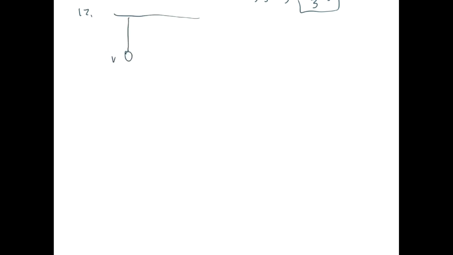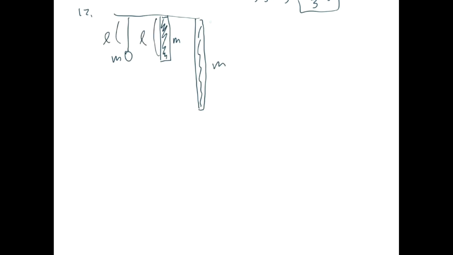One of them is just a mass m. One of them is a thick rod, which also has mass m. And one of them is a rod twice as long, but also mass m. So this distance here is L. This distance is also L, but this distance is 2L.